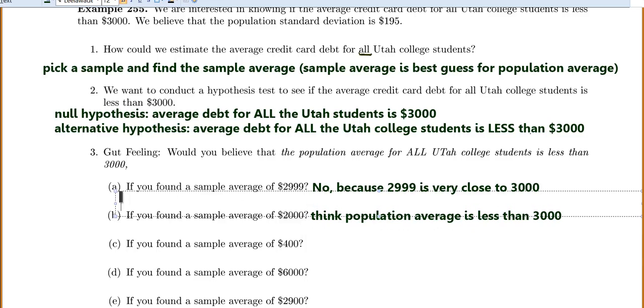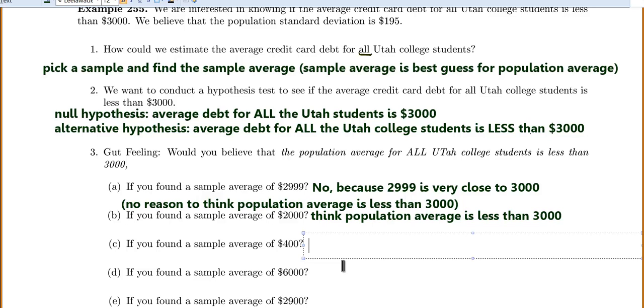I just want to add a little clarifying point here on A. Since 2,999 is very close to 3,000, I would say no reason to think the population average is less than 3,000.